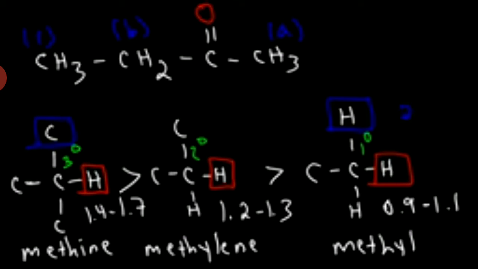The electronegativity value for hydrogen is 2.1, and for carbon it is 2.5. So as we can see, in the tertiary carbon we have 3 carbon atoms attached, so it will have a more electron withdrawing effect on this proton.